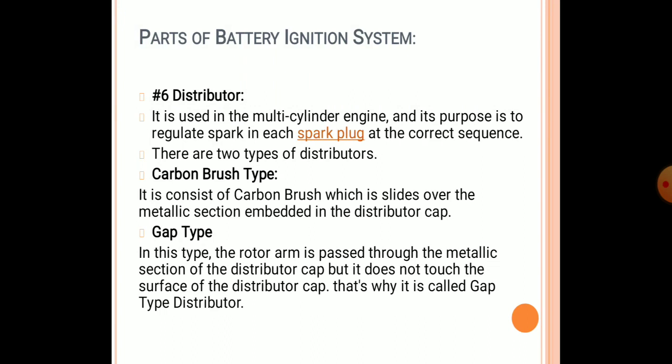Carbon brushes slide over the metallic section in the distributor gap. Another type is the gap type, in which the arm passes the metallic section but does not touch the surface of the distributor cap. That is why it is called a gap type distributor.